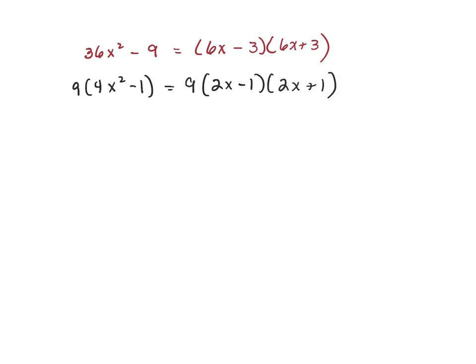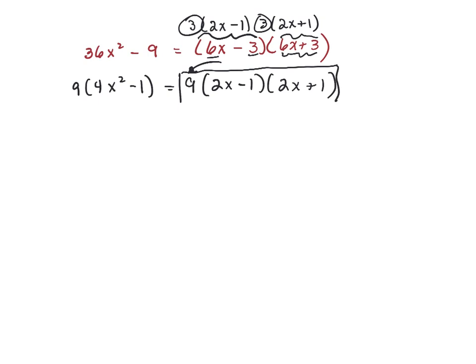And I noticed that I had forgotten to do that because if I look at each of these factors, there's a 3 that can come out of both of these, giving me 2x minus 1. There's a 3 that can come out of both of these, giving me 2x plus 1. And then 3 times 3 is this 9 right there. So I could end up at the same spot, but it's clearly much easier to take out the GCF first.